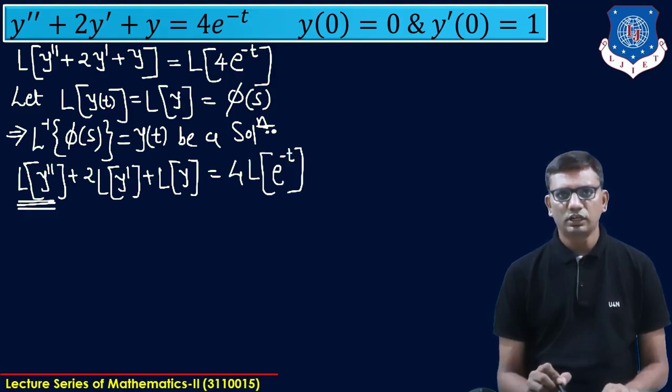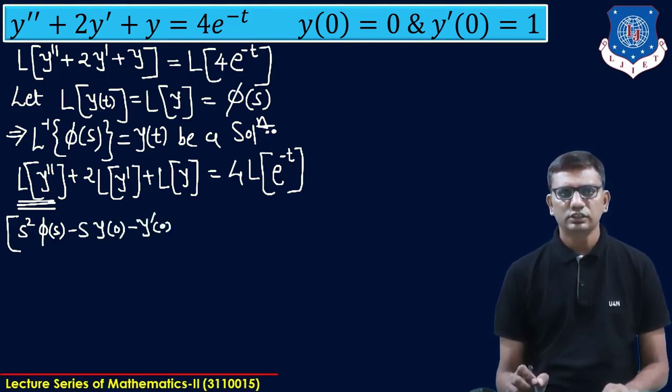We have a formula for Laplace of y double dash, so we apply it. Here it is s square into phi of s minus s into y of 0, which is known for us, minus y dash 0, which is also given in the question, plus 2 into Laplace of y dash. So we are applying the Laplace of y dash formula here.